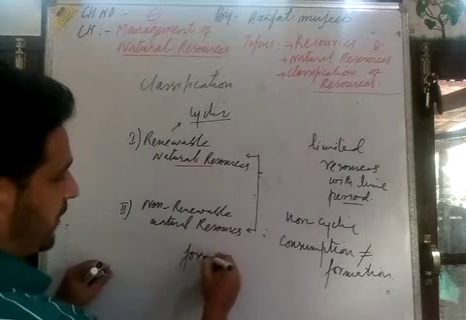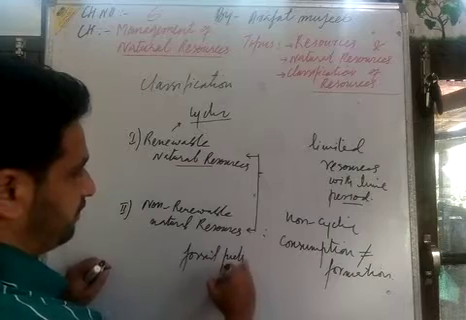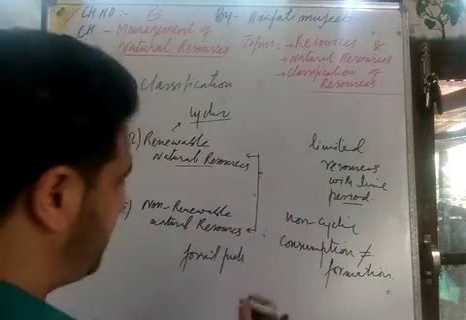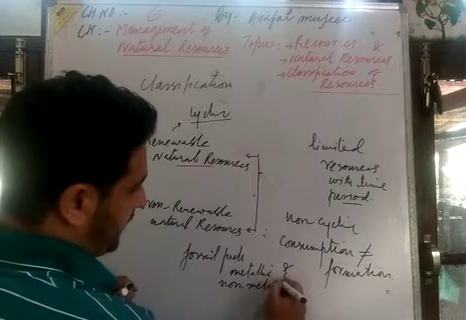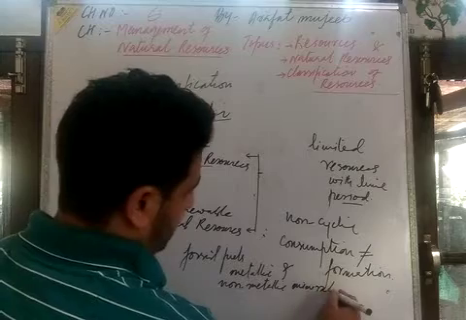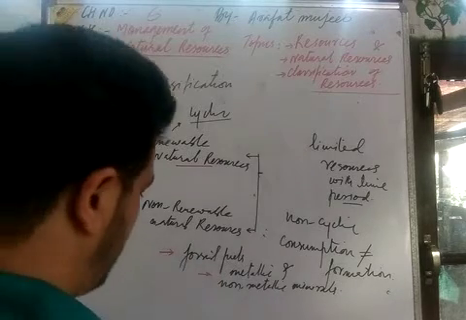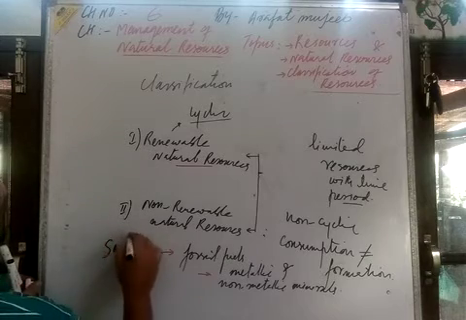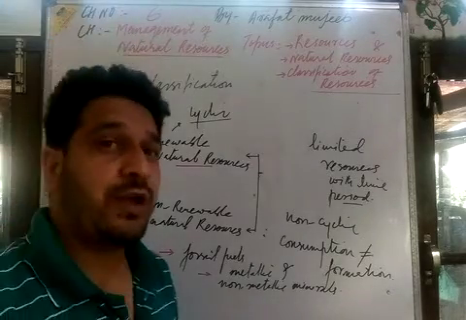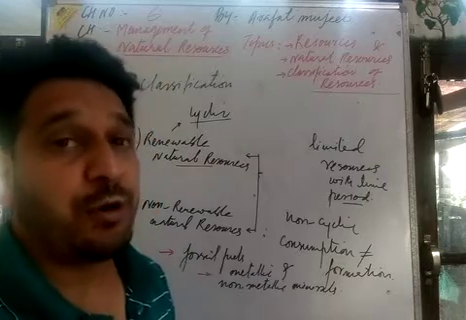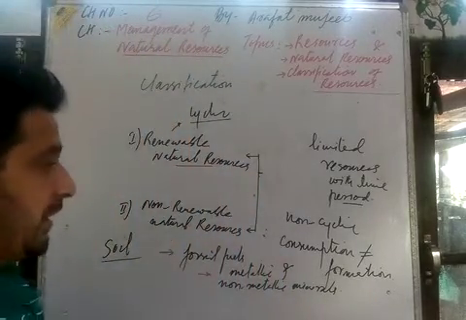Example is the fossil fuels. Sometimes examples of non-renewable natural resources can be metallic and non-metallic minerals also. We can take these as examples. Sometimes we also mention soil formation in non-renewable. Why? Because these days we have a high rate of degradation of soil, and pedogenesis takes millions of years for the formation of just some centimeters of soil layer.